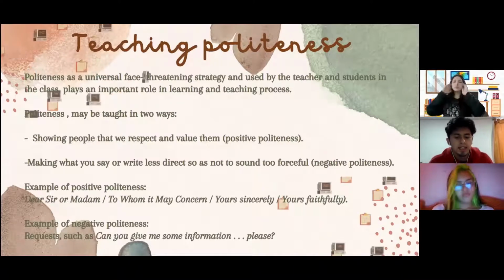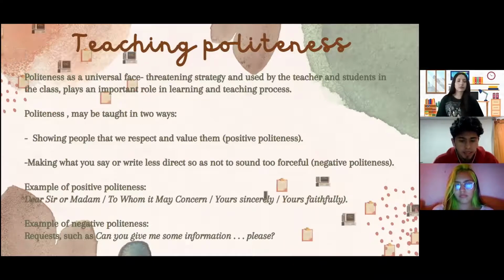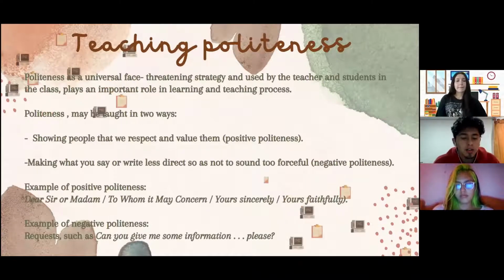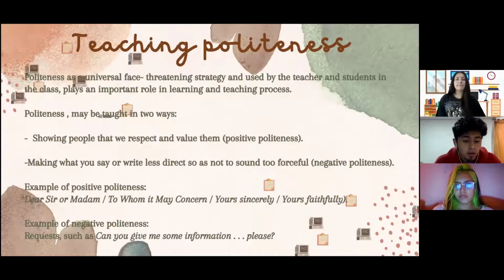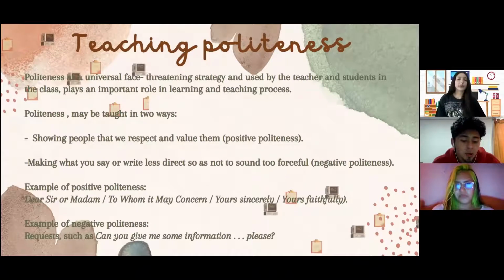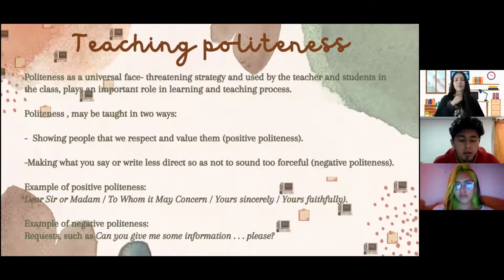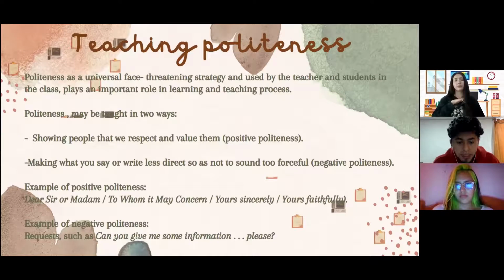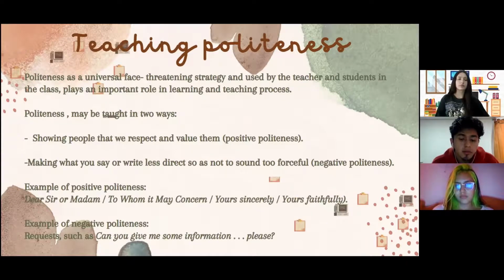Okay, so now let's talk about teaching politeness. So basically, politeness became a major concern in the field of pragmatics, and it has been widely discussed among pragmaticists ever since. Although there has not yet been an agreement on what would be the best definition for the term, many studies have been focusing on a new revised approach to the matter.